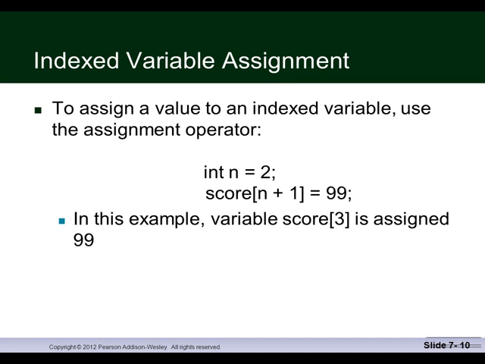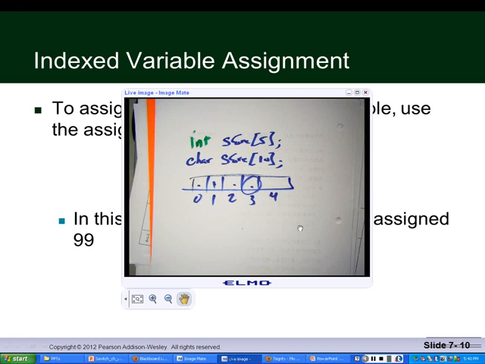So index 3 is actually element number 4 in the array, because if we are starting with 0, the next one is 1, 2, 3, which is element number 4. If I want to reference the fourth element, that's going to be index 3.